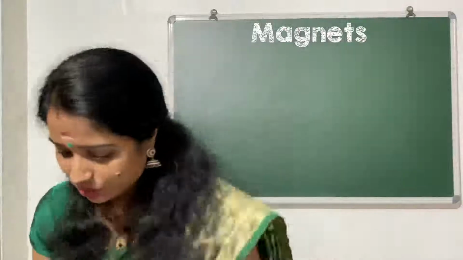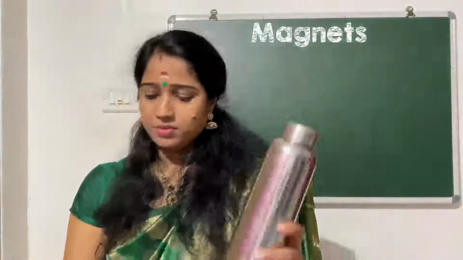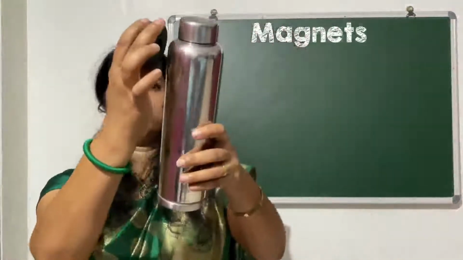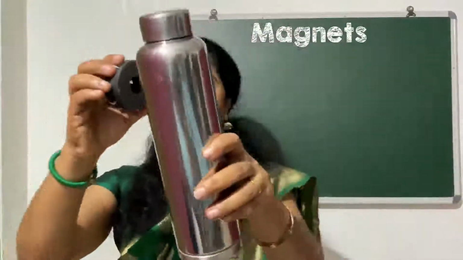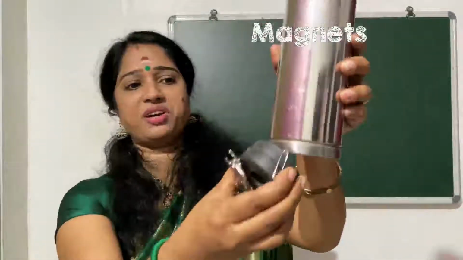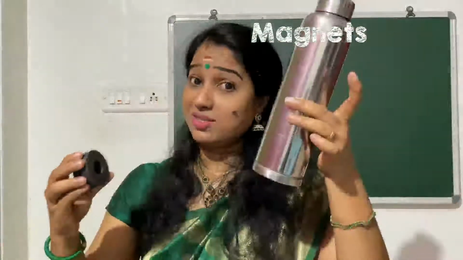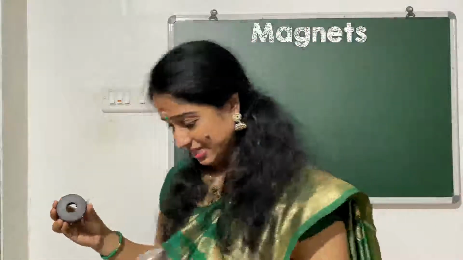Okay, so first of all, I would like to take this. See. So from this I can understand that no attraction is there. Whatever I touch with this, no attraction, because this is made up of pure steel. This is a good quality steel. Clear? Yes.